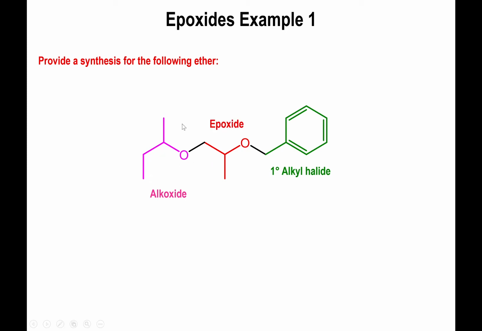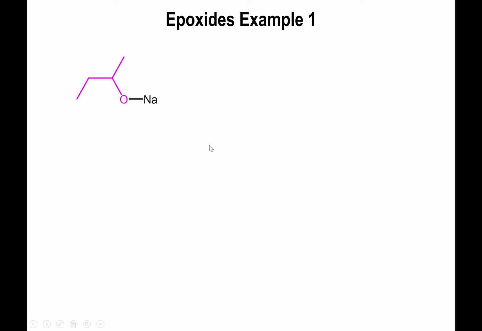So sec-butanol as the alcohol, an alkyl halide, in this case benzyl halide for your alkyl halide at the end of the synthesis, and we're going to have the methyl bound to the epoxide. So if we start that process, you could start first by having the alcohol deprotonated with sodium hydride to yield this sodium alkoxide, sodium sec-butoxide if you want to be technical.